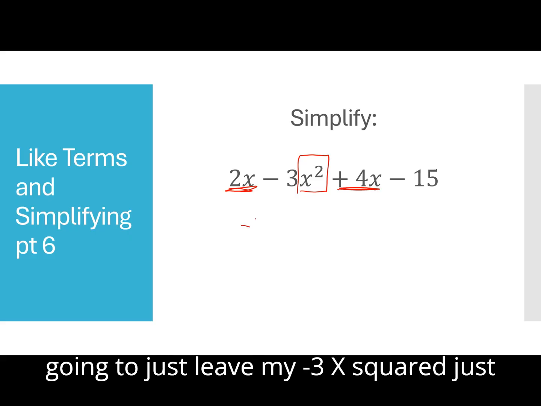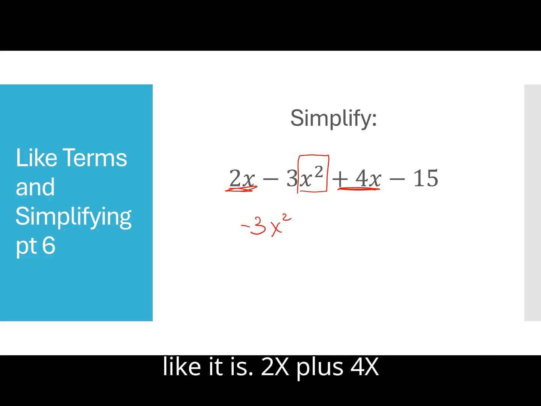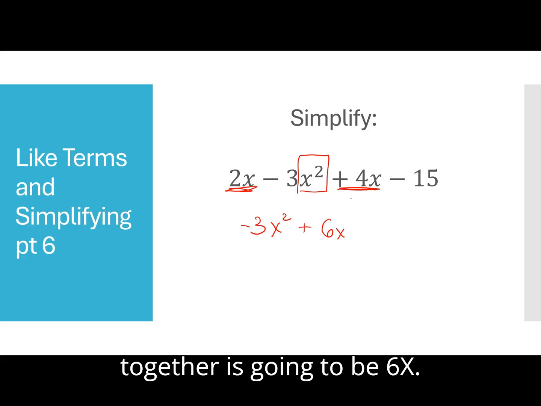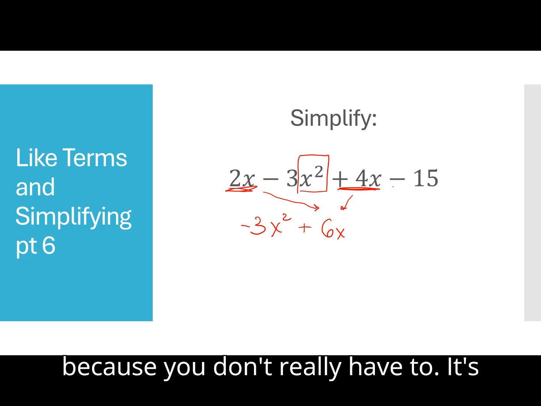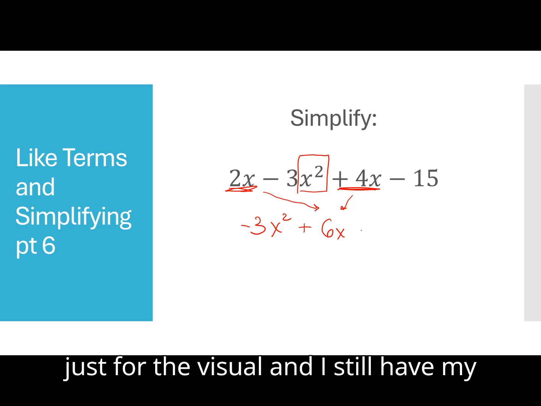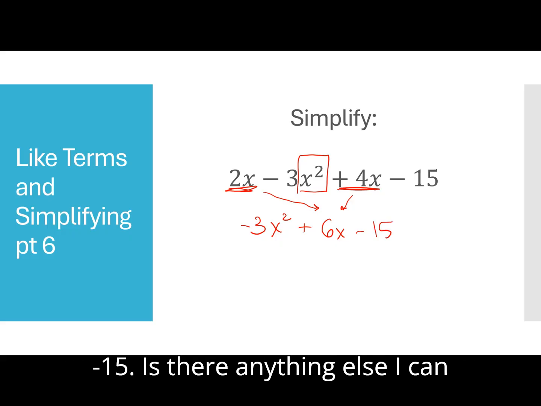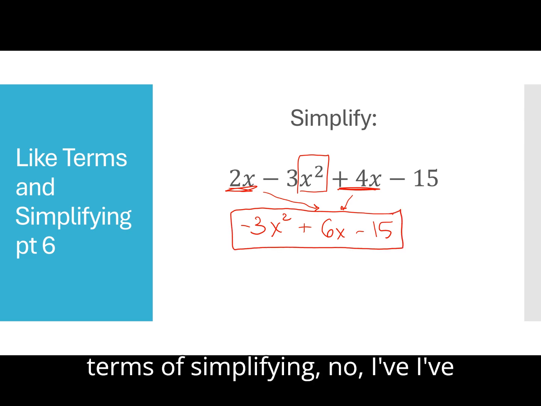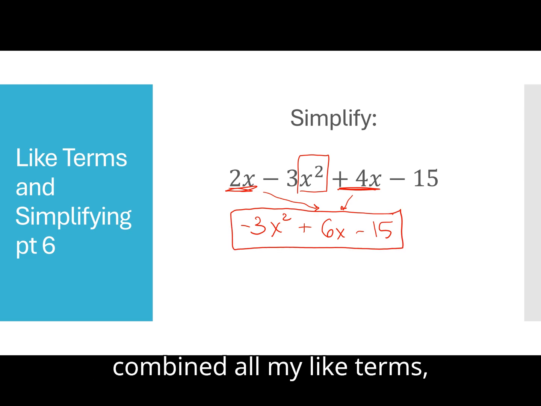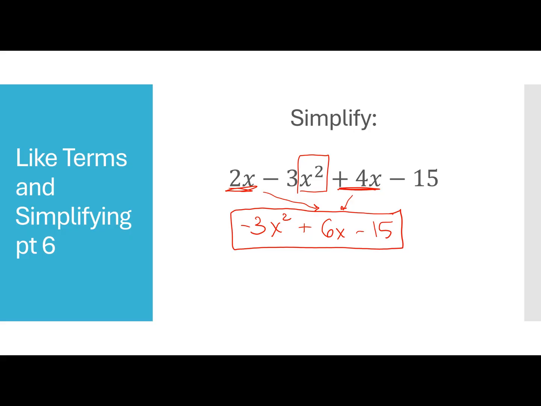So I'm going to just leave my negative 3x squared just like it is. 2x plus 4x together is going to be 6x. Notice I didn't rearrange this time because you don't really have to. It was just for the visual. And then I still have my minus 15. Is there anything else I can simplify here? Just in terms of simplifying, no, I've combined all my like terms. So we're going to leave that there.